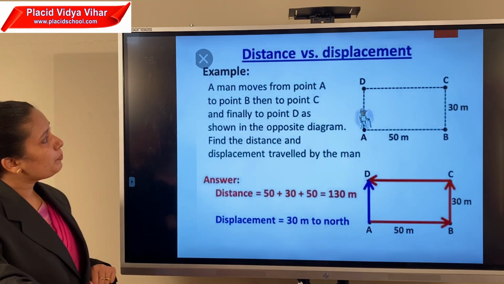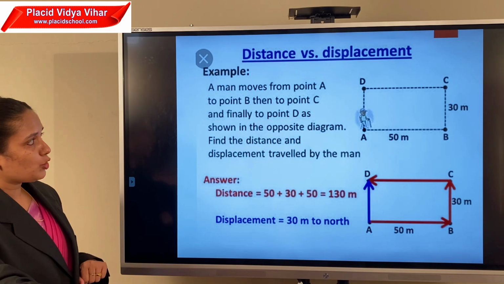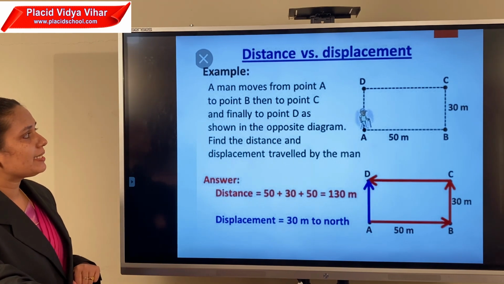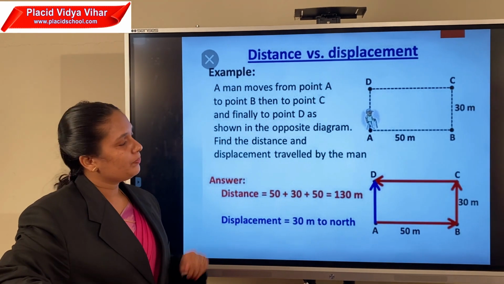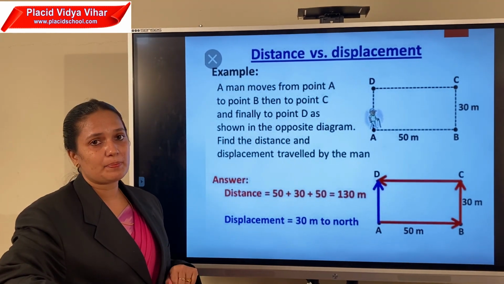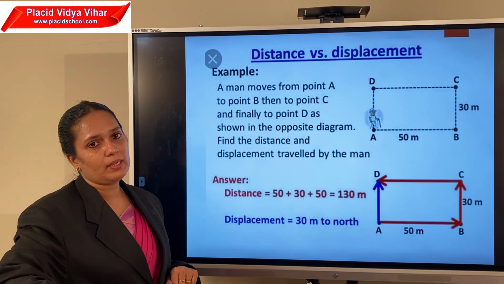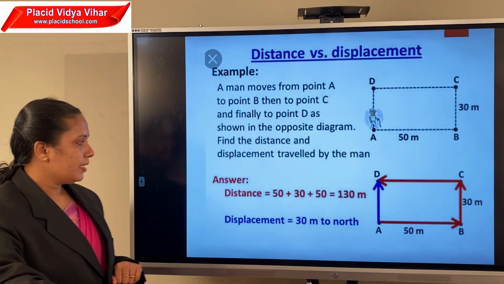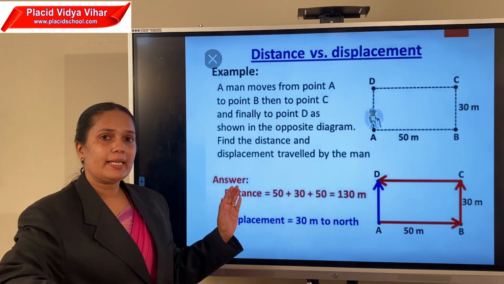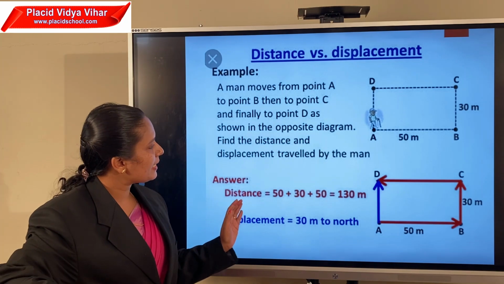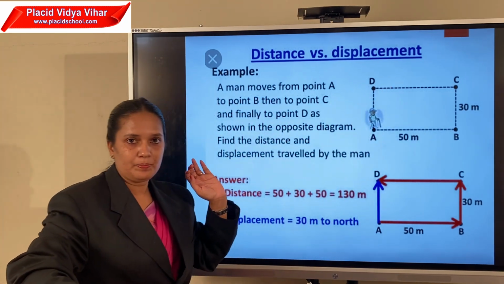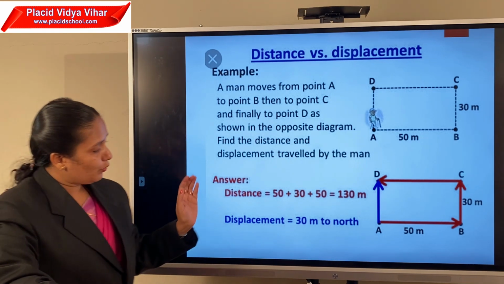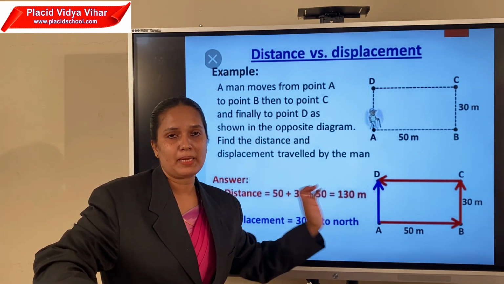Let us consider another example. Here, a man moves from point A to point B, then to point C, and finally to point D as shown in figure. Then what is the distance and displacement traveled by the man? Let's calculate. Distance is the total path length. So to find distance, we have to add AB, BC and CD. Then you will get 130 meter.